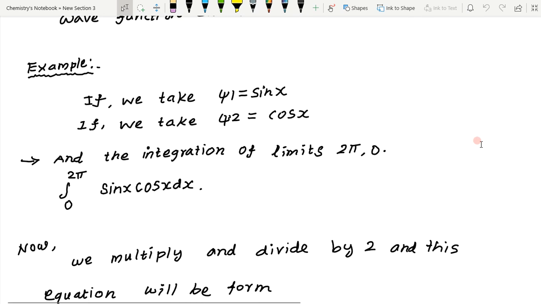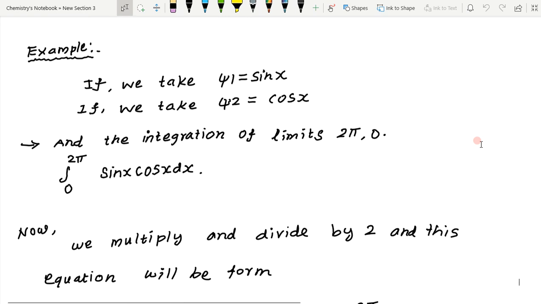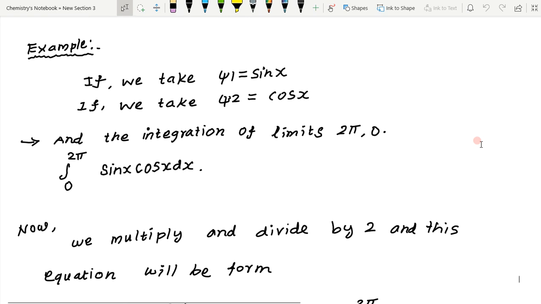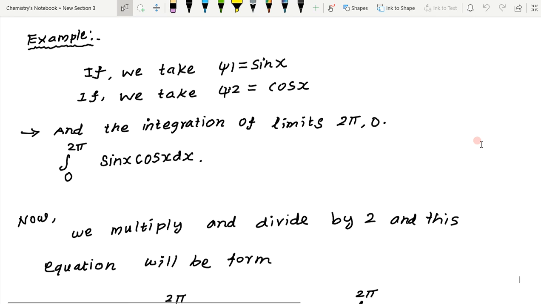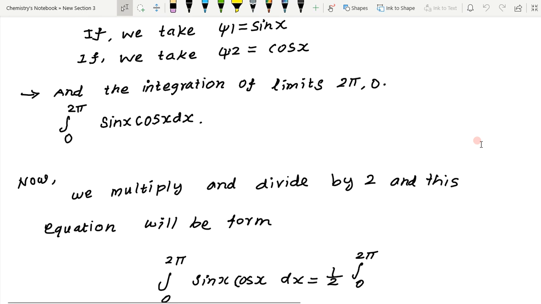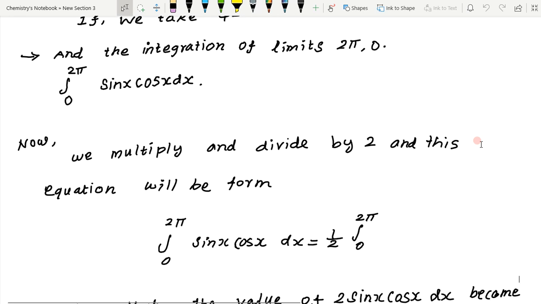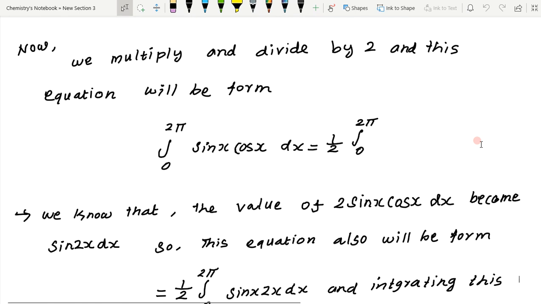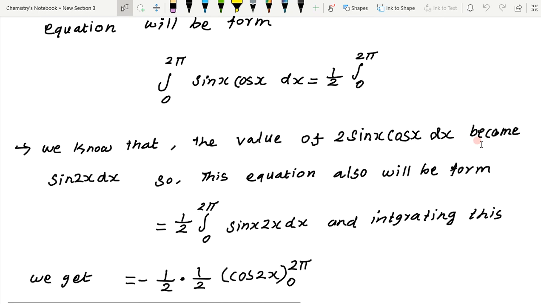Example, if we take psi 1 equal to sin x and psi 2 equal to cos x, with limits 0 to 2 pi, the integration of sin x cos x dx. Now we multiply and divide by 2, and this equation is formed: integration from 0 to 2 pi of sin x cos x dx equals 1 by 2 times the integration of 2 sin x cos x dx.